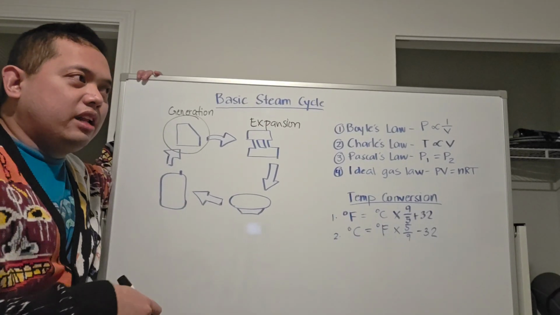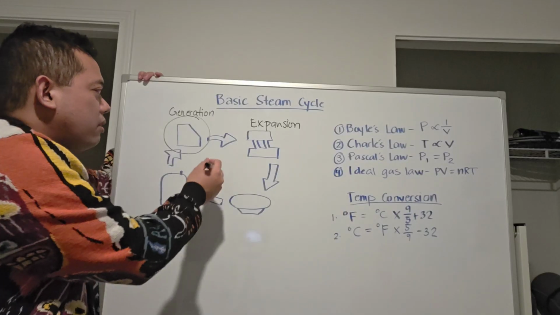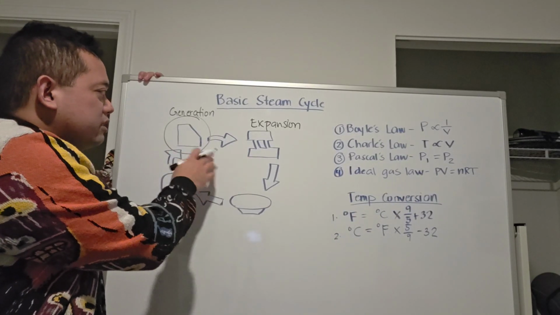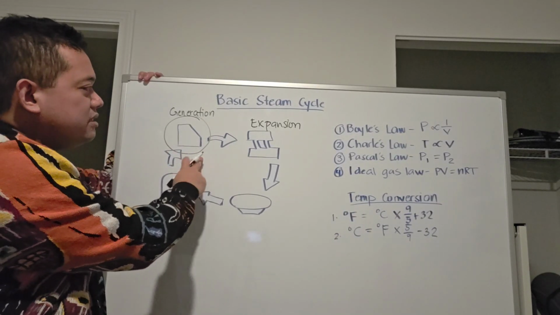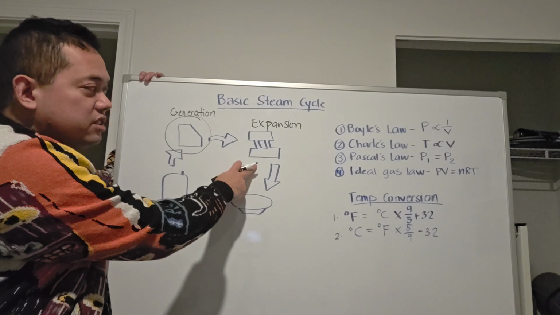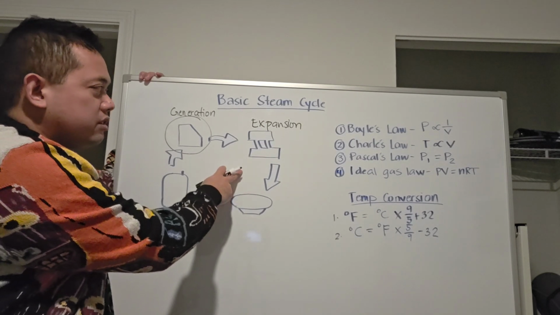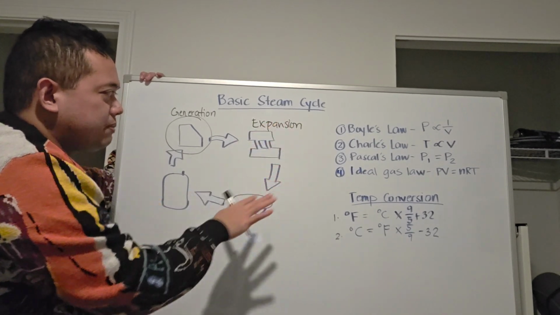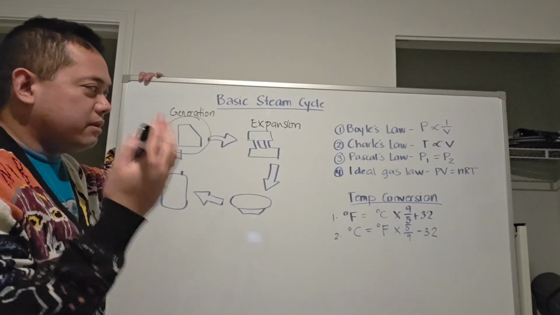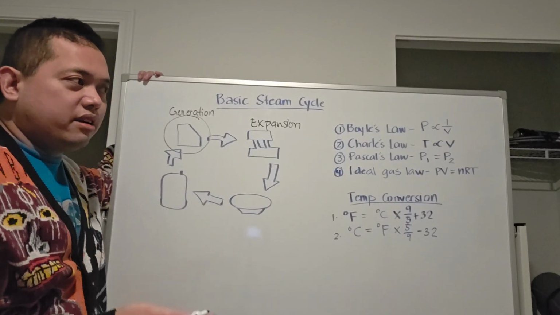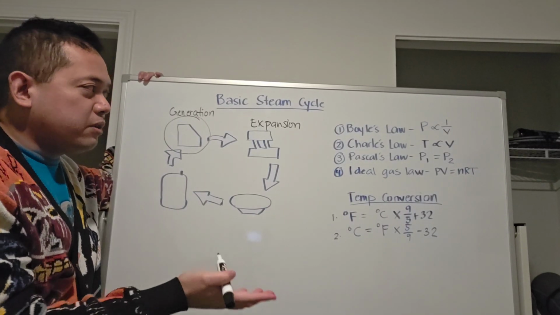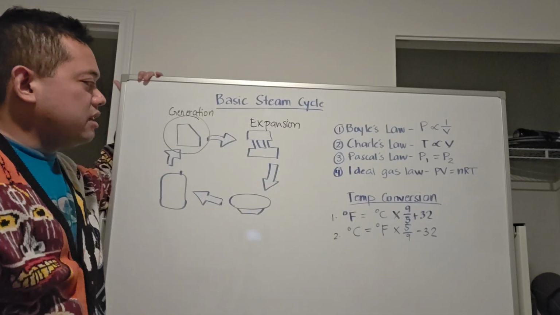I'll probably create another video about that one. But the steam that's created during the generation phase feeds the engines. It could be high pressure, low pressure turbines, and it expands this steam so that it can be usable by the machines, whether it's main propulsion steam or auxiliary steam.